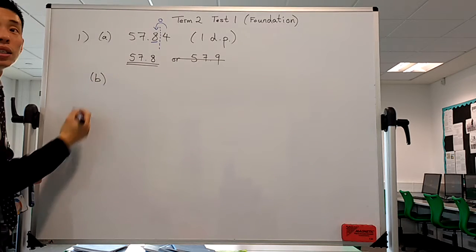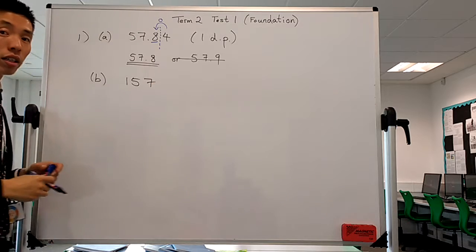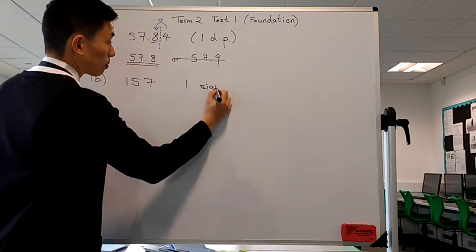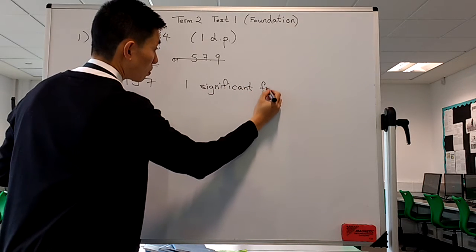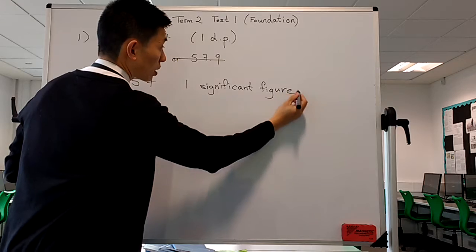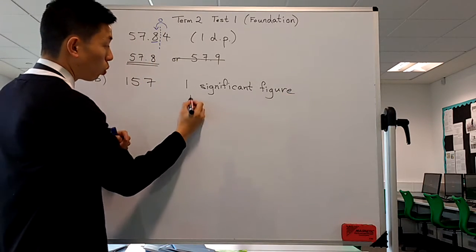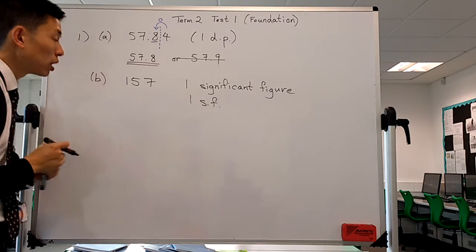And part B, this time we are going to do the other type of rounding called 1 significant figure. Sometimes in school we use 1 s.f. for short.